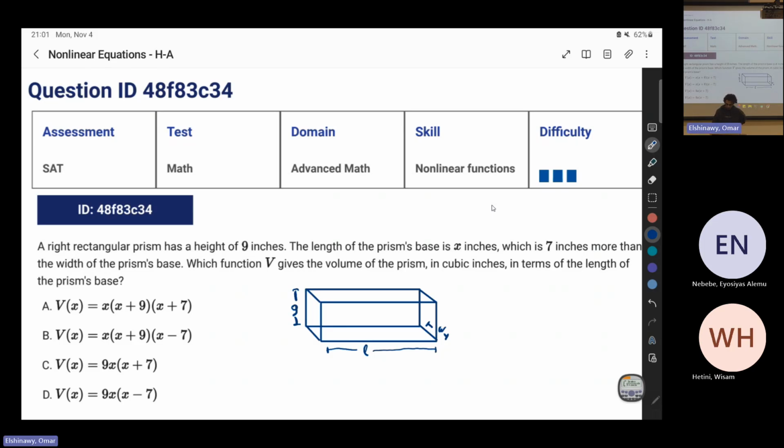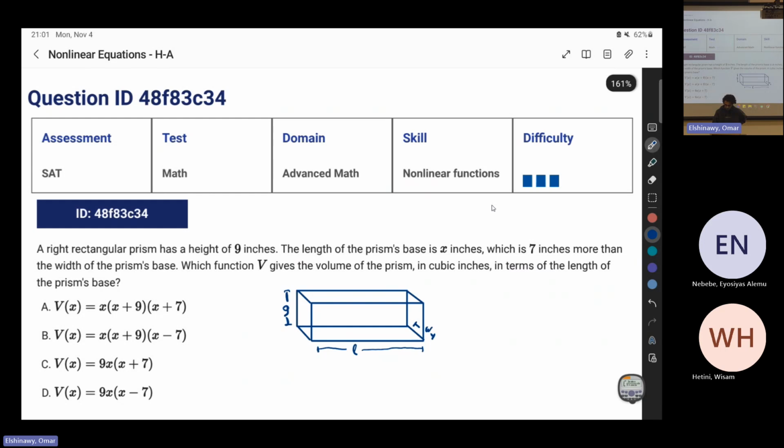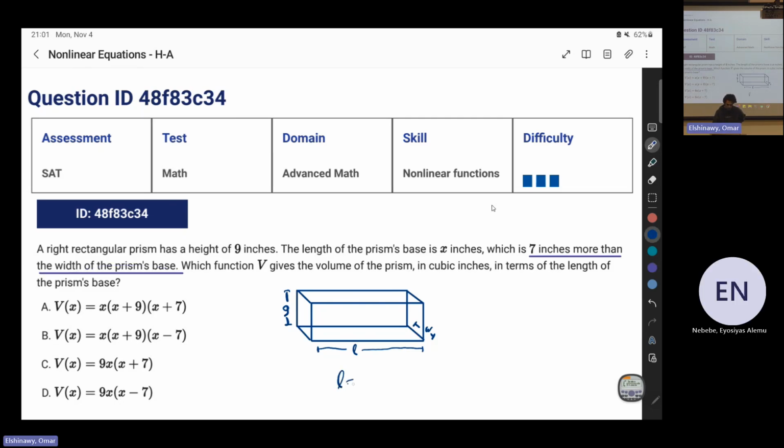We are given a fact we still have not utilized yet. That is, the length is 7 inches more than the width. So I can write L is equal to 7 plus W. That should be useful.